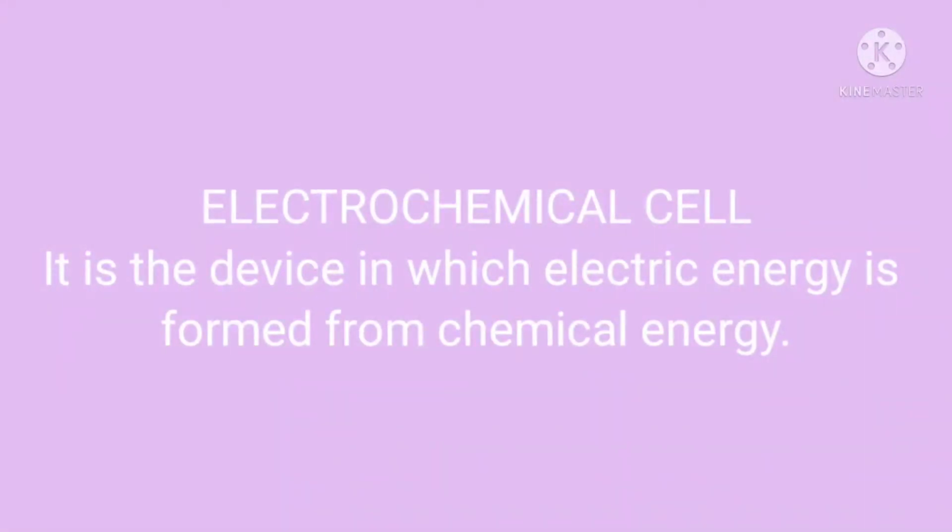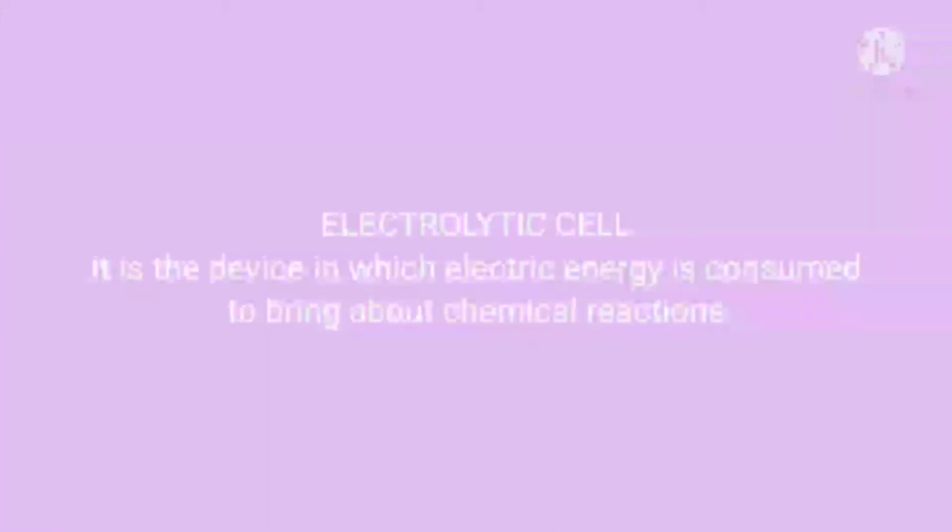The main difference between an electrochemical cell and an electrolytic cell is that an electrochemical cell is the device in which electric energy is formed from chemical energy, and an electrolytic cell is the device in which electric energy is consumed to bring about a chemical reaction.